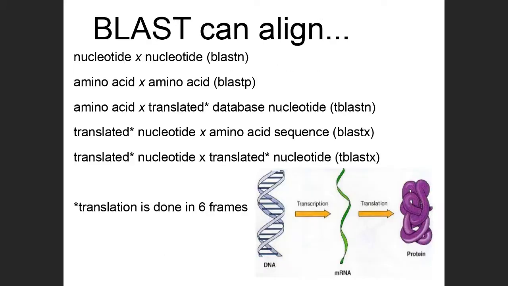Thanks for answering. So I told you that there are different types of BLAST. There is BLASTN, that's for nucleotide. BLASTP is to align protein, so it's amino acid sequence. There's something called TBLASTN, there's one called TBLASTX, and there's one called BLASTX. You do not have to memorize what these mean at all.